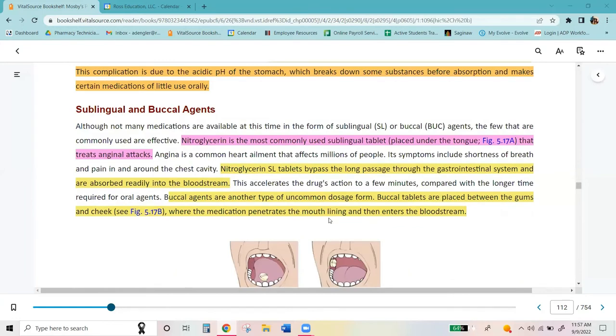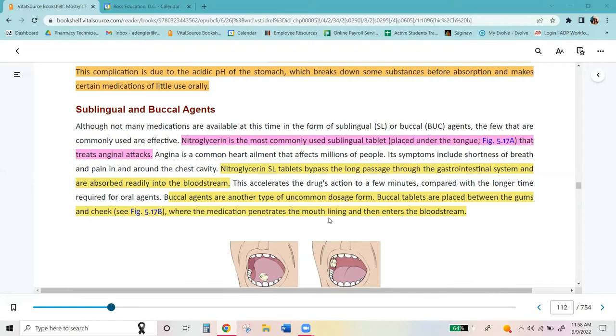Sublingual and buccal agents. Although many medications are not available at this time in this form, the few that are commonly used are very effective. Nitroglycerin is the most commonly used sublingual tablet that is placed under the tongue that treats anginal attacks. Angina is a common heart ailment that affects millions of people.